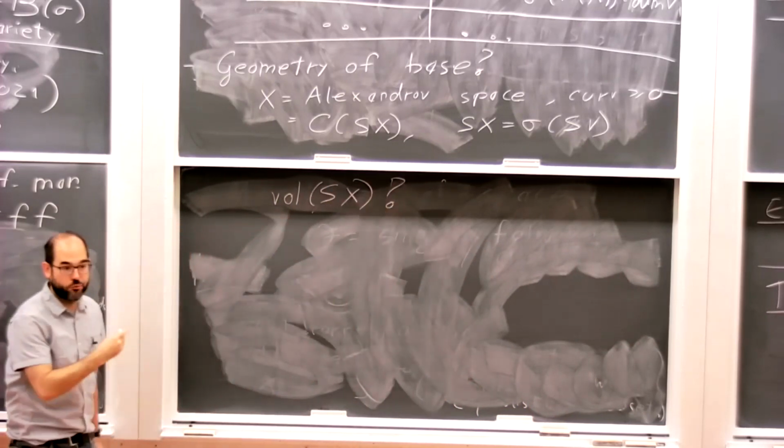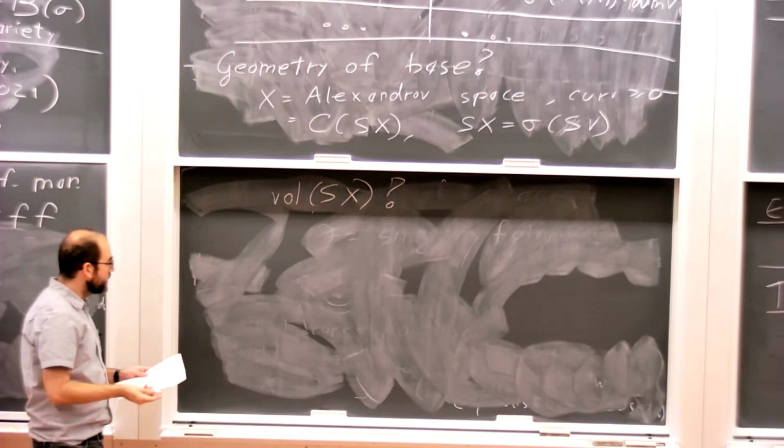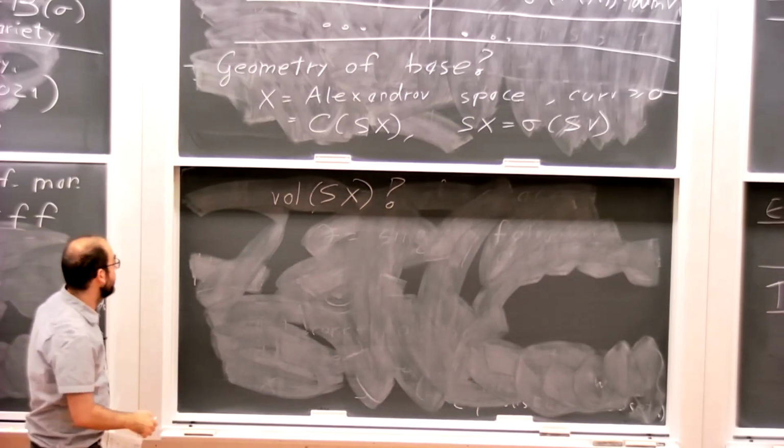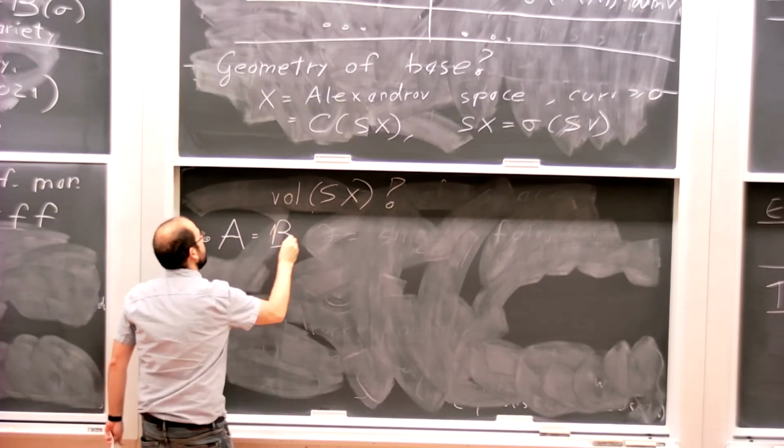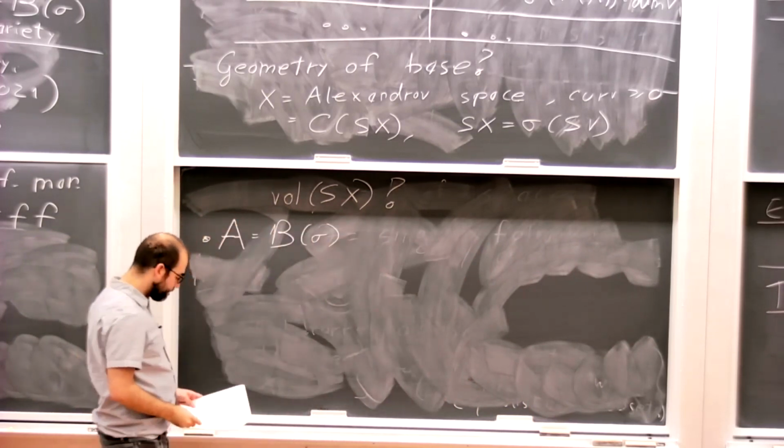This can be computed in terms of the algebra in the following way. Let's now look at the other side, the algebra of basic polynomials.